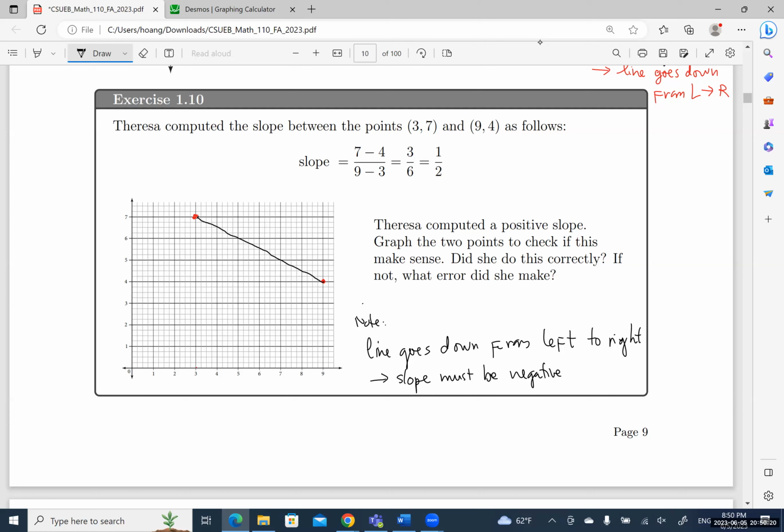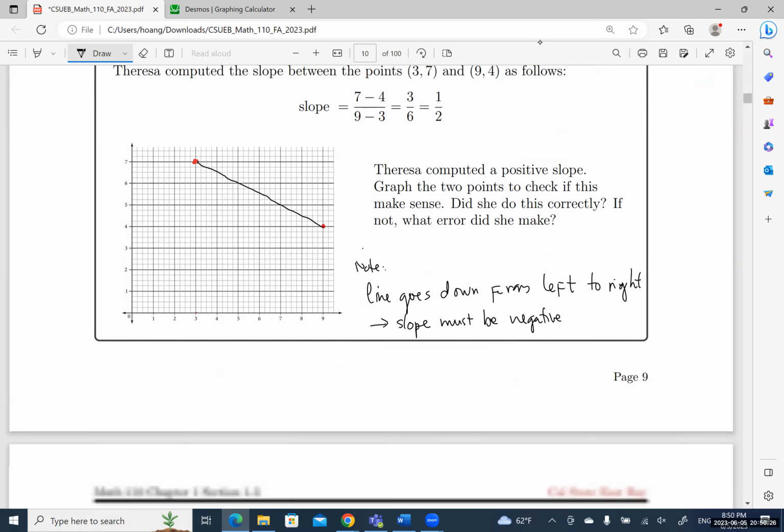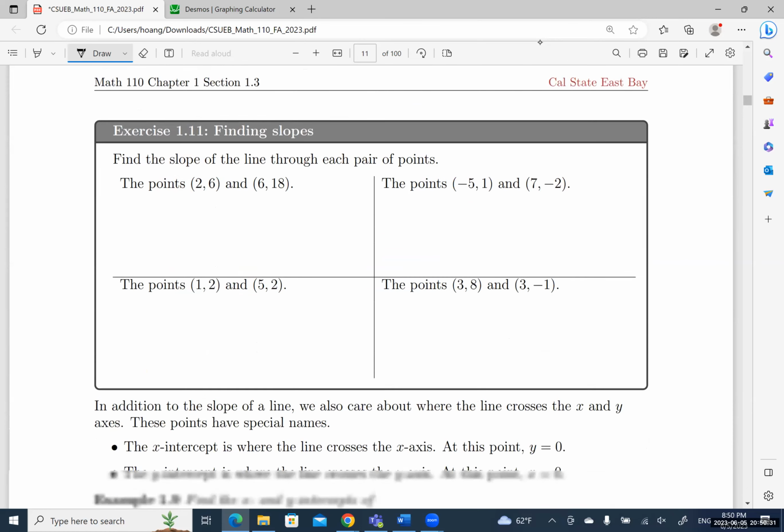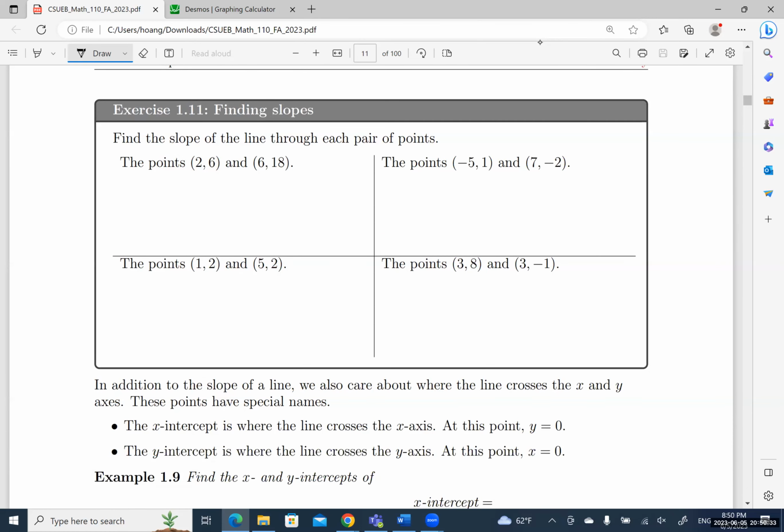Okay, so now we're going to move down. I would also list these as practice for you guys to work on, but I will give you the answer key.